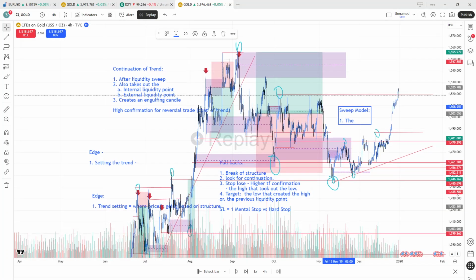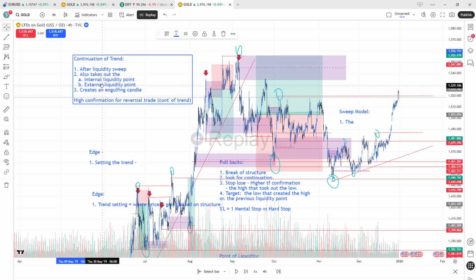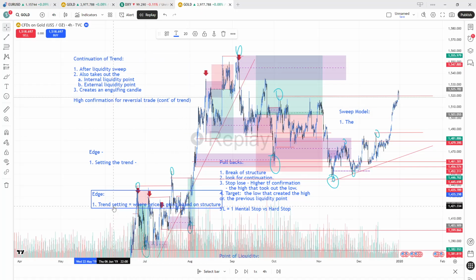Where did we put the sweep model? Continuation after liquidity sweep, right? Also take out the internal liquidity point, external point, create an engulfing candle. High confirmation for reversal trade.